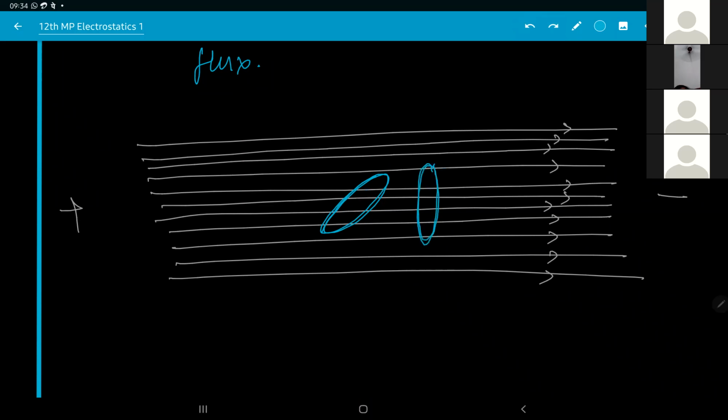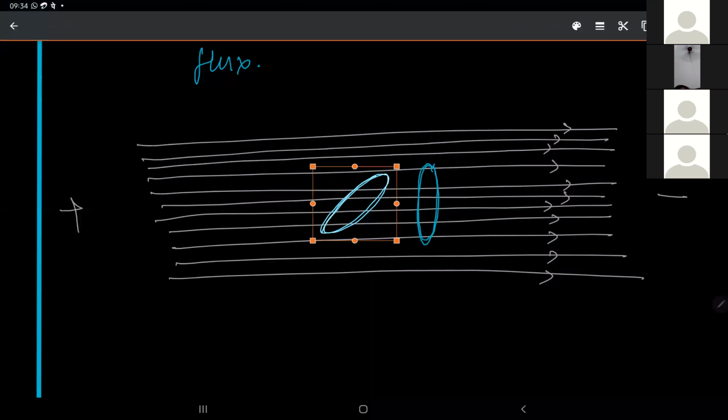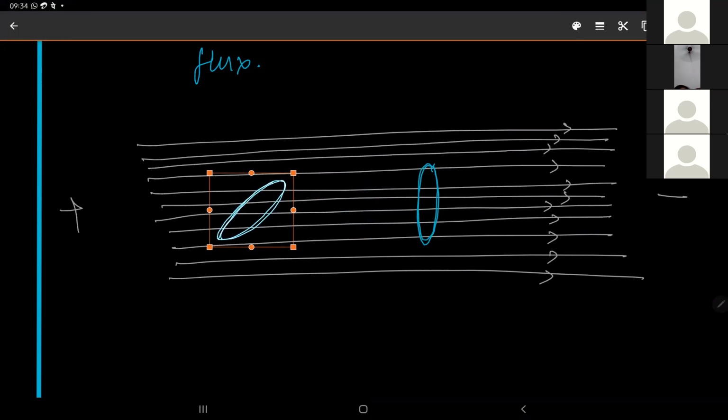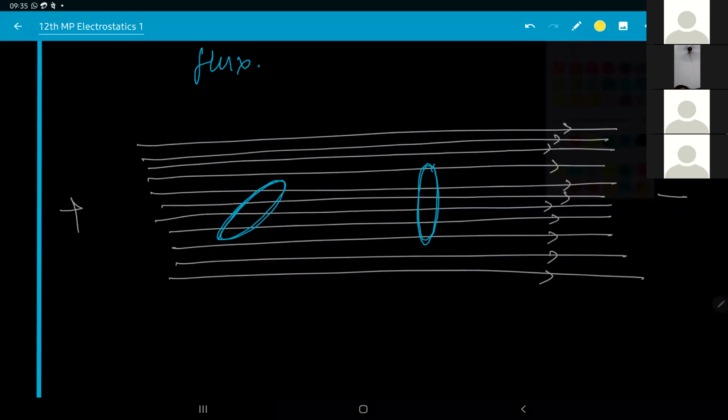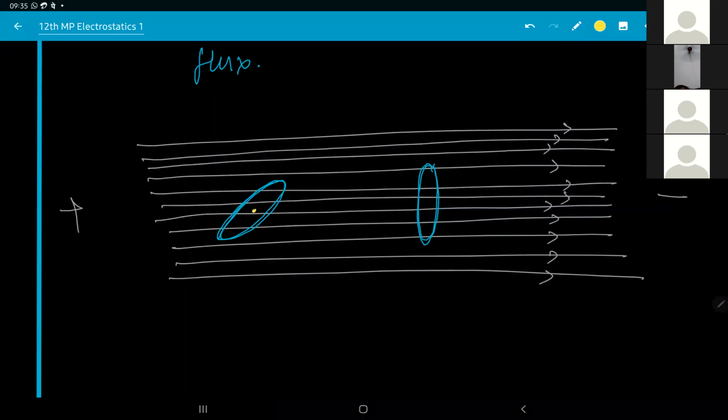Now tell me, is surface area a vector or scalar quantity? Vector quantity. Its area vector will be in this direction, ds vector, and its area vector is in this direction, ds vector.